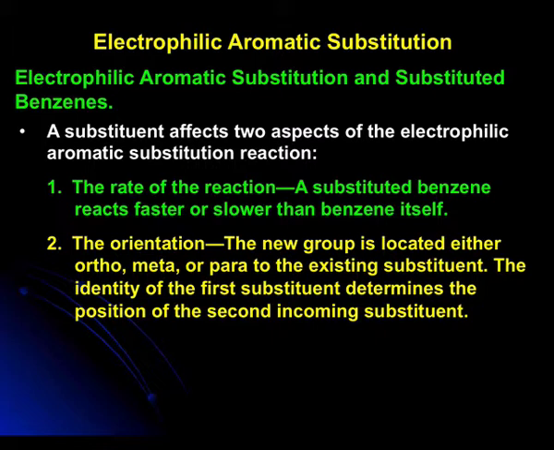This has real consequences. So for example, you can take phenol and you can dissolve it in benzene, and you can add nitric acid and sulfuric acid. What gets nitrated? The benzene or the phenol?